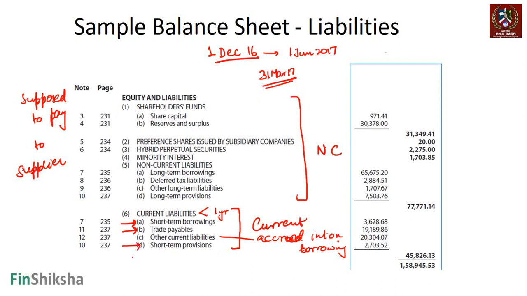Then we see short-term provisions. These are provisions that you have made for items that have already been accounted as expenses, right? But have not been paid, but will be paid in less than 1 year, right? Take an example. I could have accounted for the tax that is to be paid during the year, but may not have paid that tax by 31st of March.